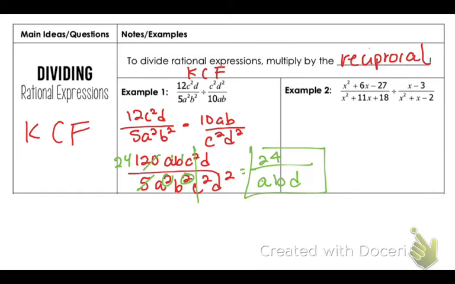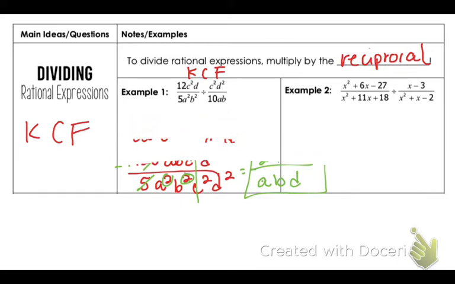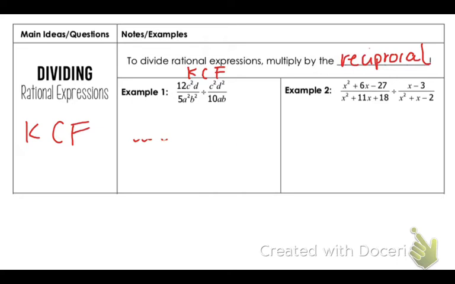I'm going to clear this because I need the room. So again, number 2, you're going to do keep, change, flip. But when you keep, change, flip, you're still going to have to factor these. Okay, you didn't have to do that here because there was nothing to factor. But you do have to factor the other one. So if you want, rewrite it first. I don't waste time rewriting it, but I'm going to, just so I don't lose some of you.